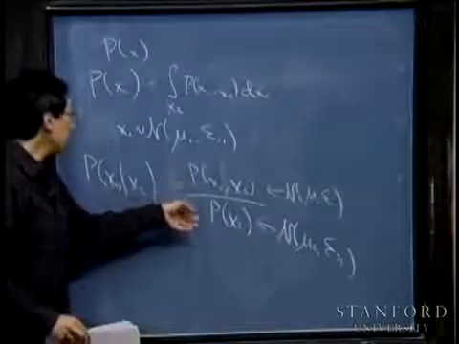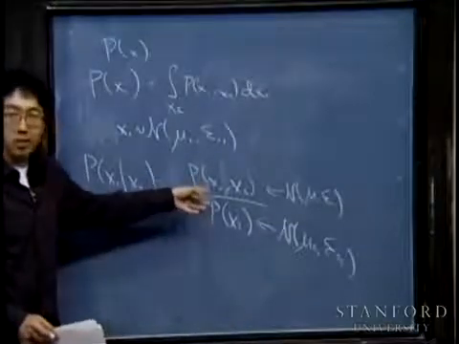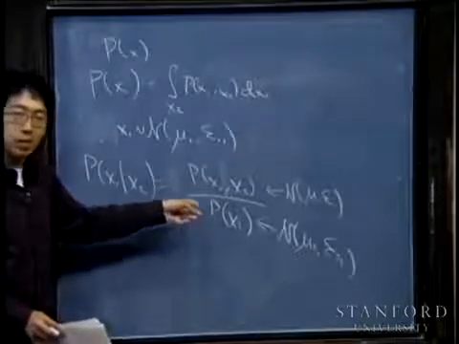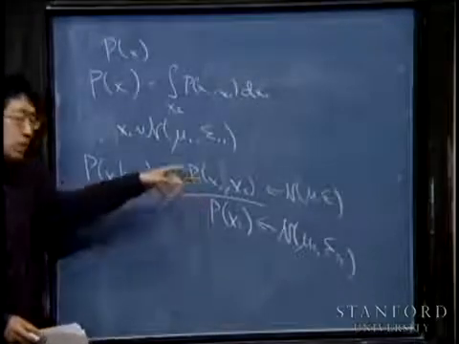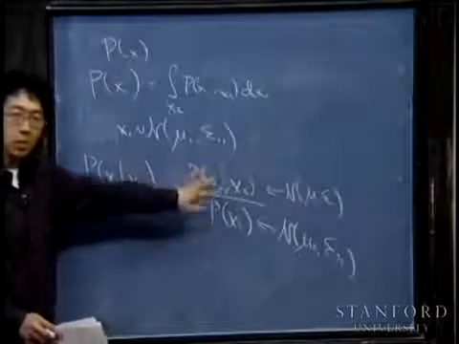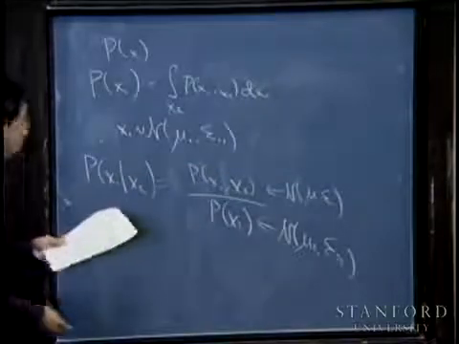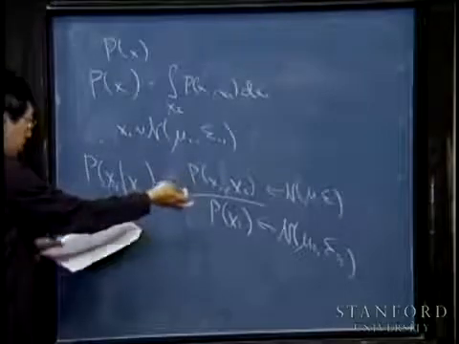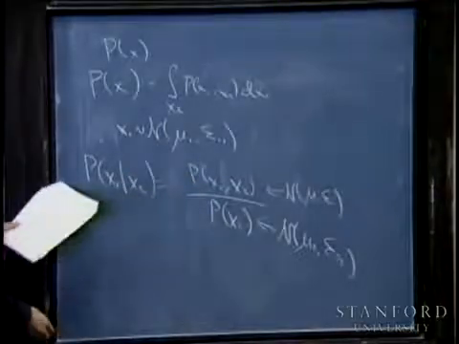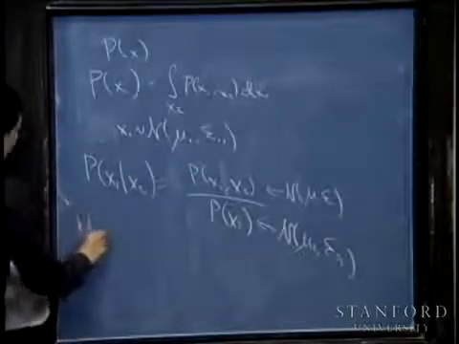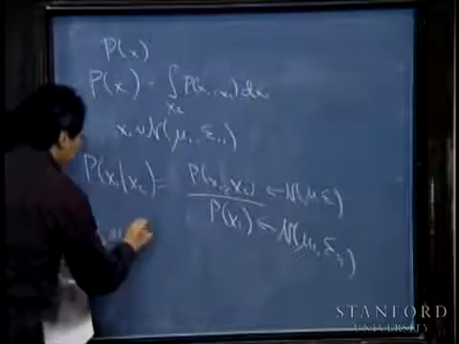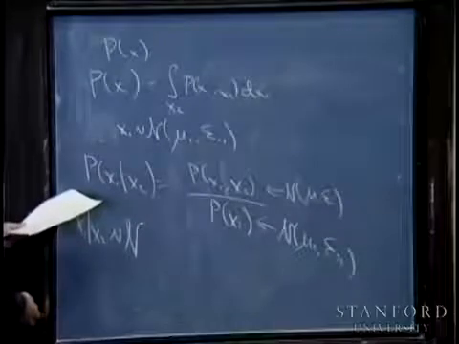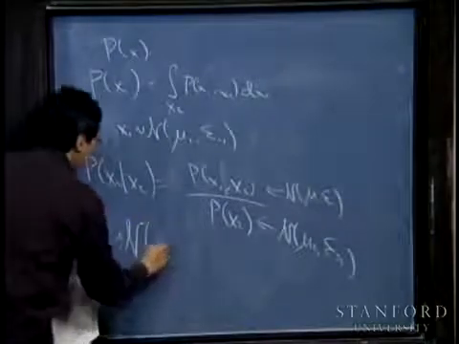If you plug in the formulas for these two Gaussians and simplify, the simplification step is actually fairly non-trivial. If you haven't seen it before, you can try to do it, but it would be somewhat difficult. But if you plug in these two formulas for the Gaussian and simplify that expression, you find that the distribution of x1 conditioned on x2 is itself going to be Gaussian.